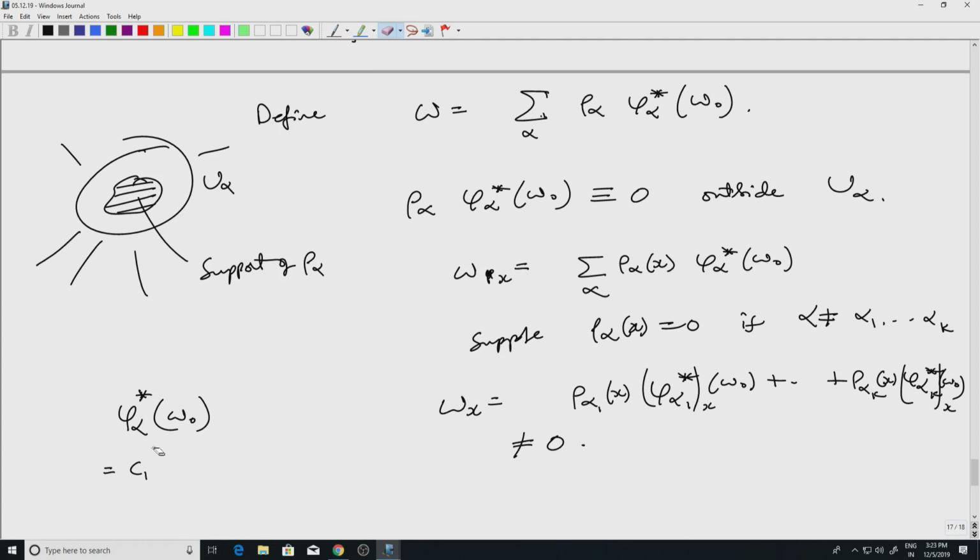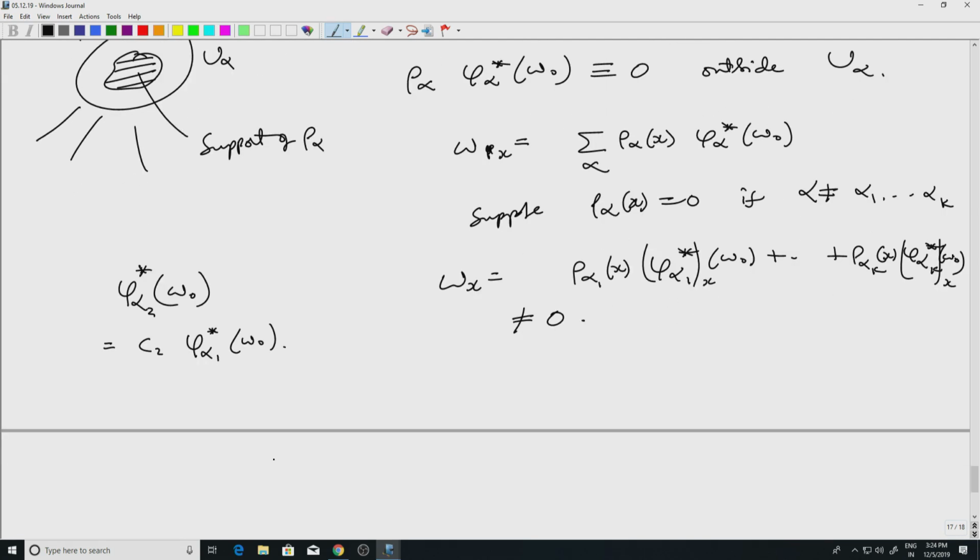I want to compare everything else in terms of phi alpha 1 star omega naught, so the term for alpha 2 is, let's call it, c2 times phi alpha 1 star omega naught. And here's the main point: the fact that the charts are oriented will imply that this c2 is positive.